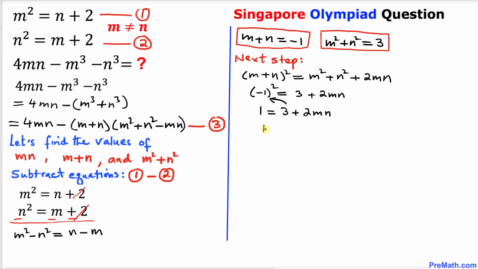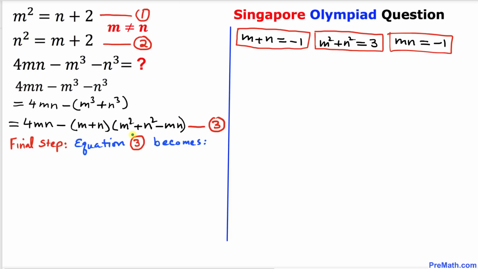So this becomes 1 − 3 = 2mn. So we got −2 = 2mn. Let's divide both sides by 2. So that means our mn value turns out to be −1.